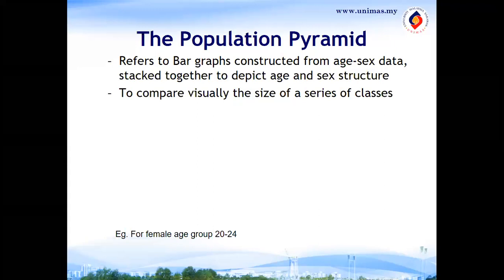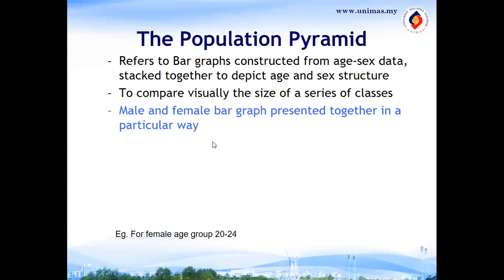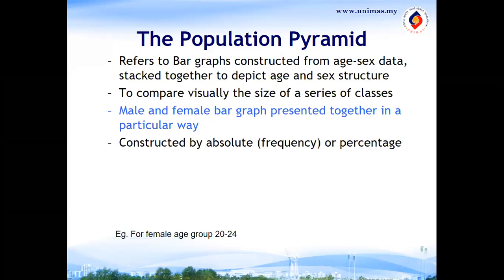Yeah? So when we do this pyramid, it's easier for us to see. So you can compare visually the size of a series of classes between male and female. Male and female graphs are presented together stacked mengikut kumpulan umur. So it is constructed by absolute frequency ataupun menggunakan percentage. Yeah, depends.